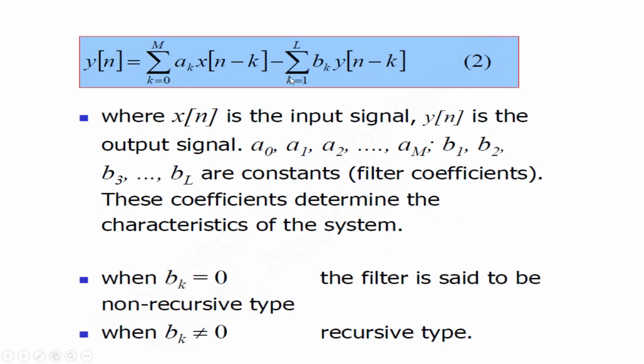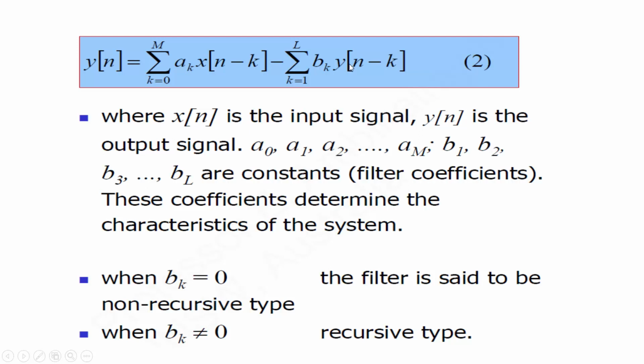Now this is the same equation where x[n] is the input signal, y[n] is the output signal. Coefficients going from a0, a1, a2 up to aM and b1, b2, b3 up to bL are constants, and these are also known as the filter coefficients. These coefficients determine the characteristics of the system, meaning whether the filter is a low pass filter, band pass filter, high pass filter, or a band stop filter.